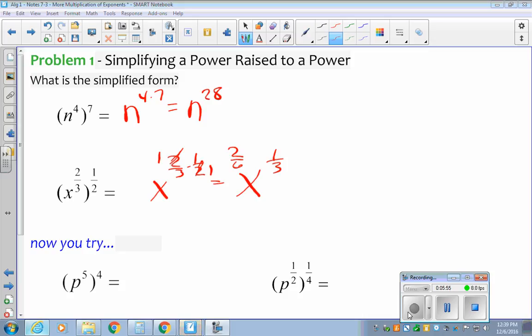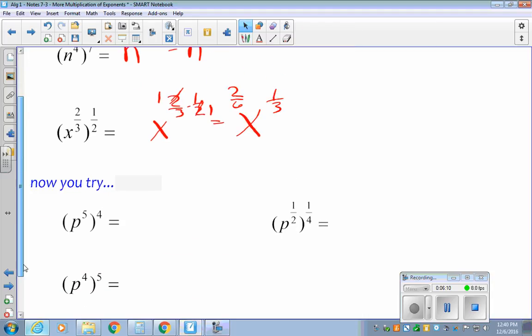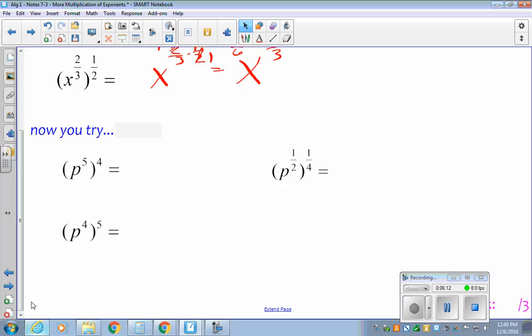I just simplified before I multiplied. What's 2 divided by 2? So you multiply the top one by 2, and then 2 divided by 2. Same answer. Okay, let's take a moment. Do these 3 problems, and we'll check our answers in just a second.